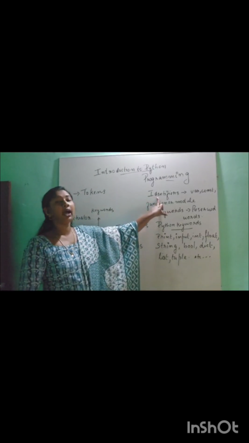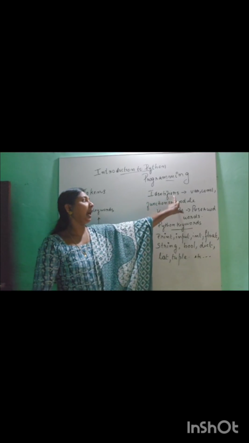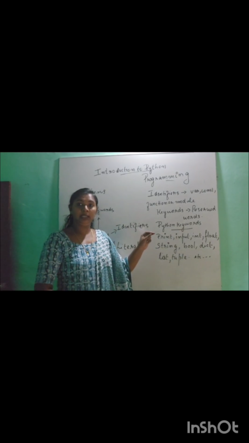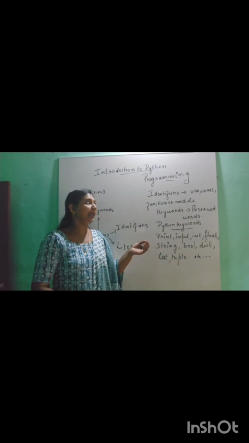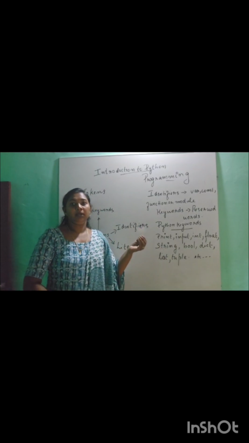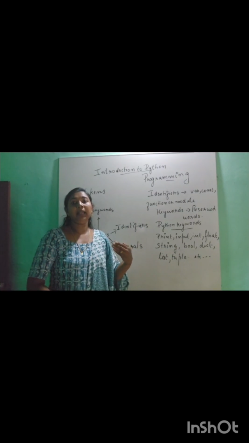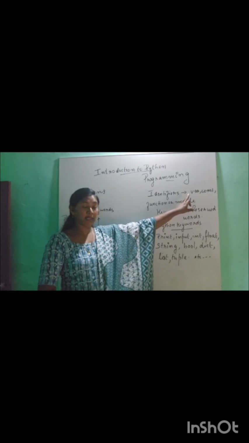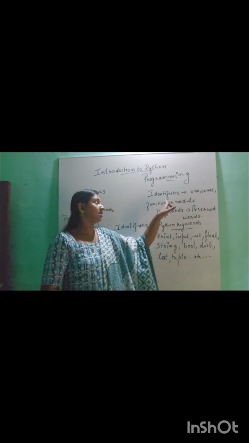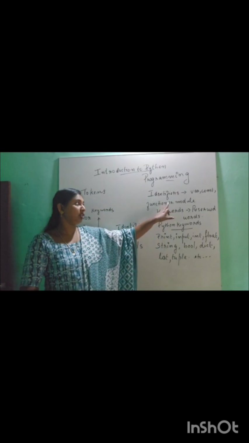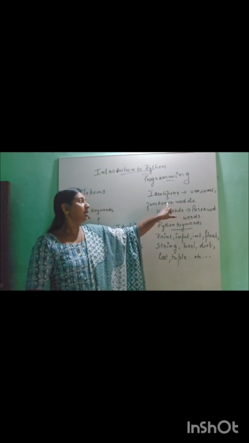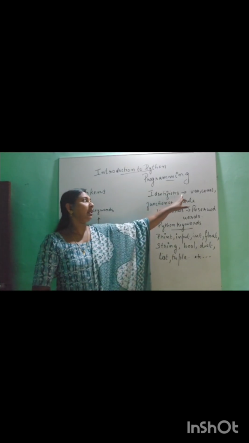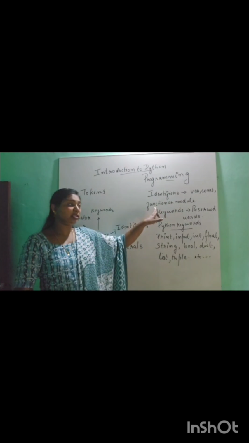Next, moving on to identifiers. What do you mean by identifiers? Identifiers are the names given to a variable. In Python programming, the variables, the constants and the functions, function is also called a module in Python, all of these have special names.